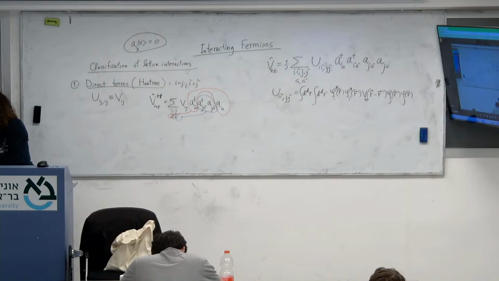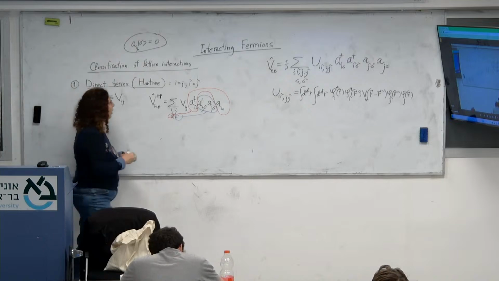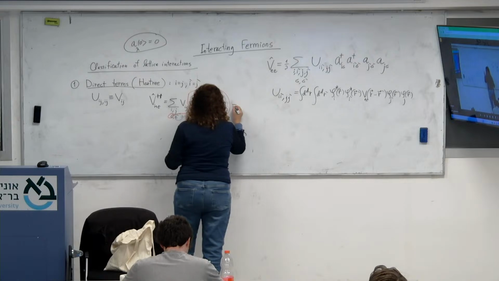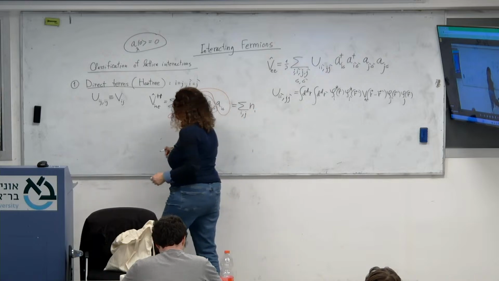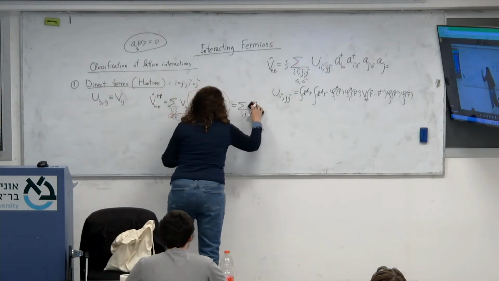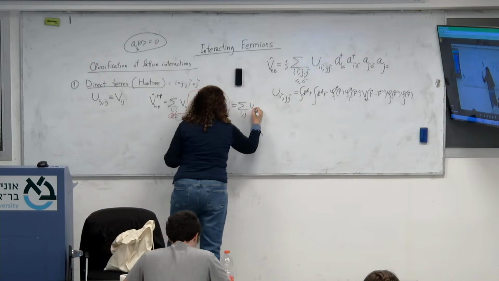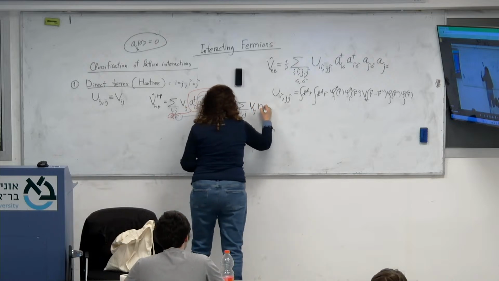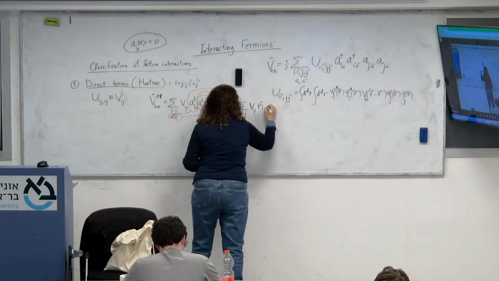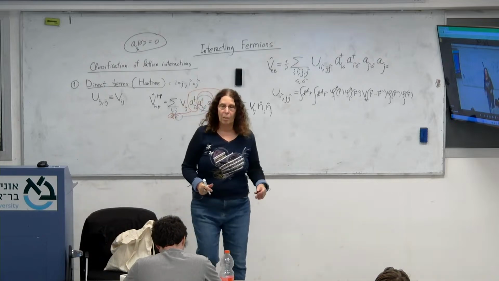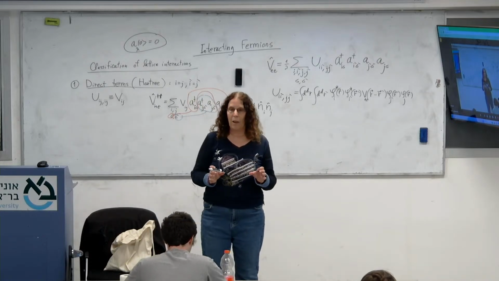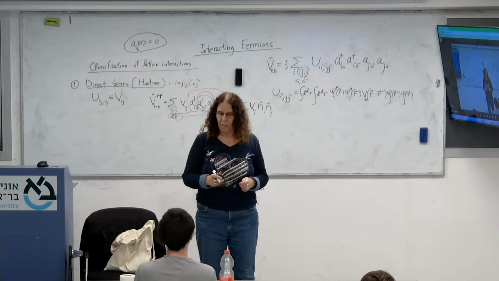And altogether this Hartree term can be written, and this is why it's called direct also. It boils down to a summation over i, j of V_ij n_i n_j. Okay, so it's again something that looks like a simple density-density interaction.